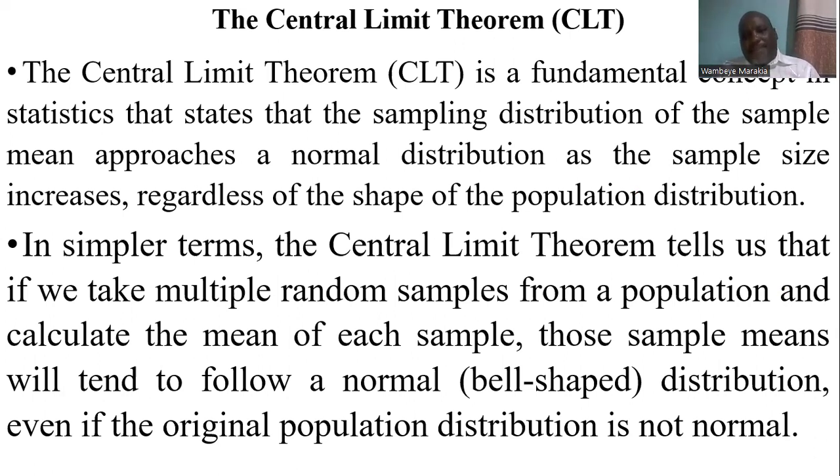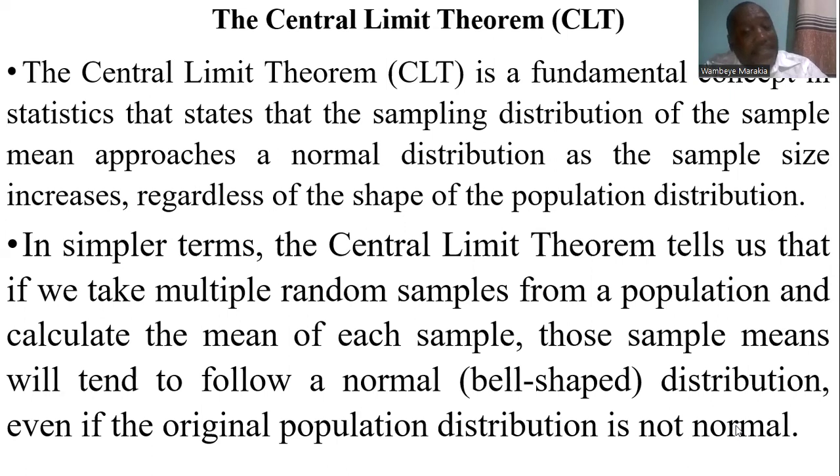Now, what is it? The central limit theorem is a fundamental concept in statistics, and it states that the sampling distribution of the sample mean approaches a normal distribution as the sample size increases, regardless of the shape of the population distribution.